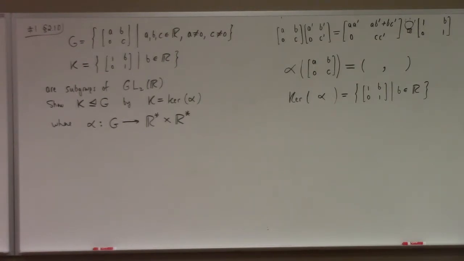Kernel of the element. We don't really care what B is. It's just that A has to be its own inverse, and C has to be its own inverse. Right.